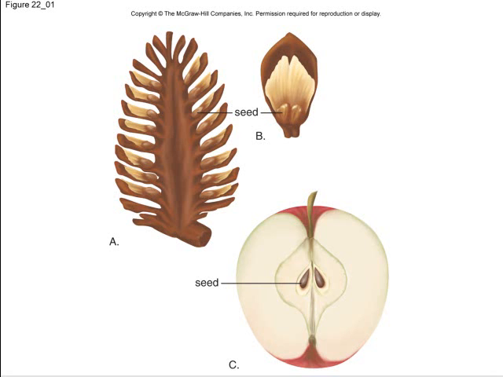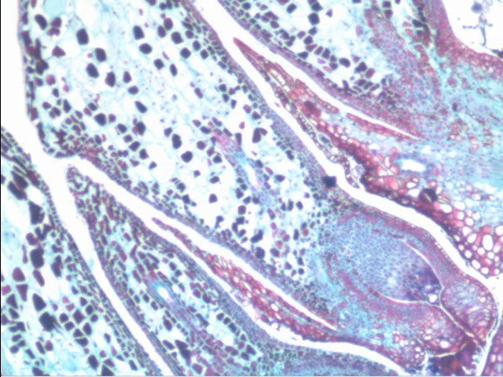Megasporophyll. What does that mean? Female spore-producing leaf. Yes, here are some actual megasporophylls, and like this, and this little bulge down here is the megasporangium. So we got a megasporophyll, a female spore-producing leaf, and this round part right here is the megasporangium.